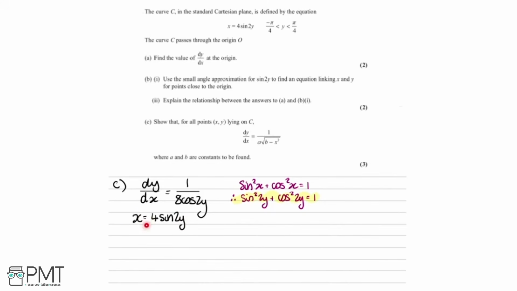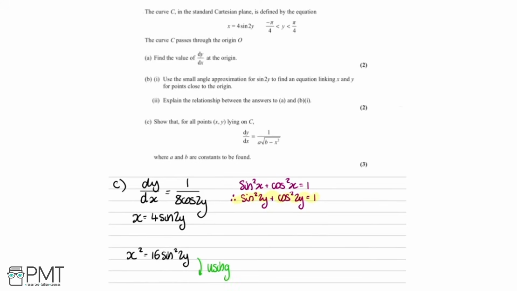Firstly, I'm going to work with this and this. So if we square this equation here, we're going to get that x squared equals 16 sine squared 2y. It's great because we've got a sine squared 2y here and sine squared 2y here in this identity. So we can use that to get cos squared 2y instead.